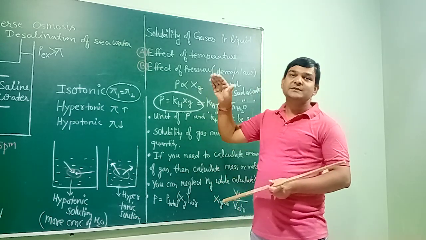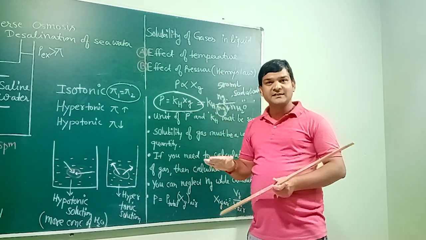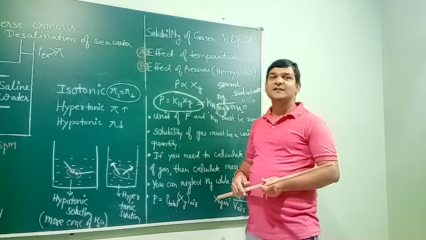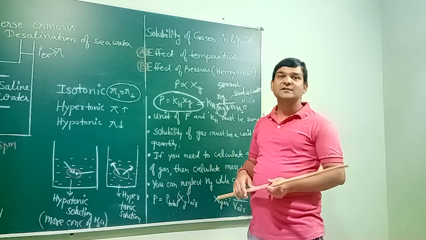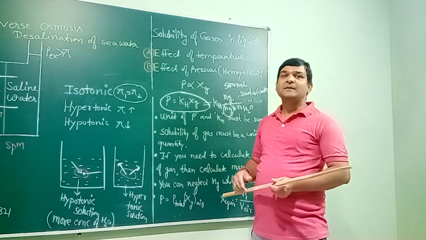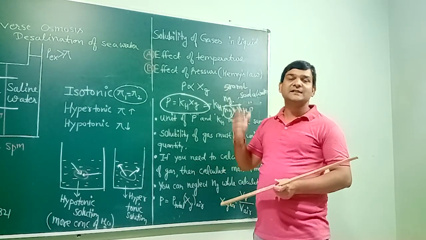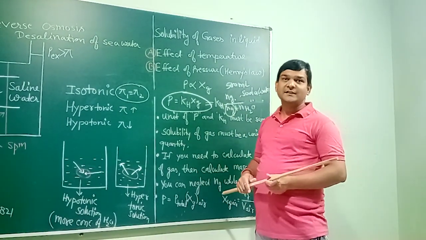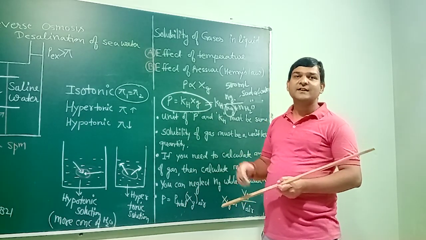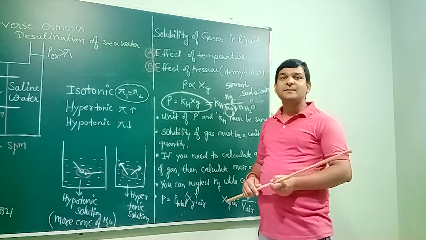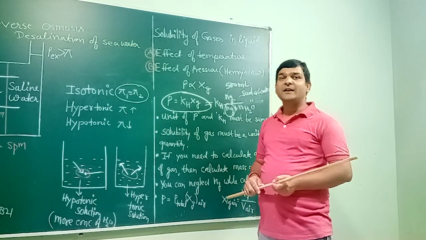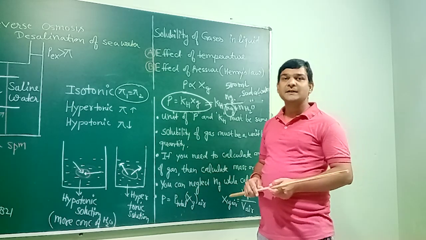Otherwise, when deep swimmers go deep in the sea, due to high pressure of the sea, solubility of oxygen increases and we have a high concentration of oxygen in our blood. So far there is no problem, but once the swimmers come to the surface, the pressure decreases, therefore solubility of oxygen decreases, oxygen quickly leaves our arteries and veins, and this creates bubbles in our arteries and veins. These bubbles cause a huge pain, and medically this problem is known as bends.